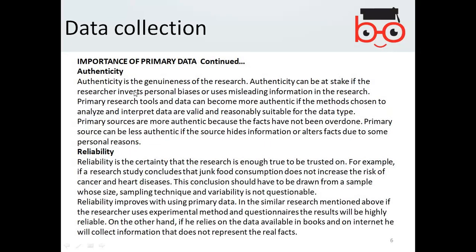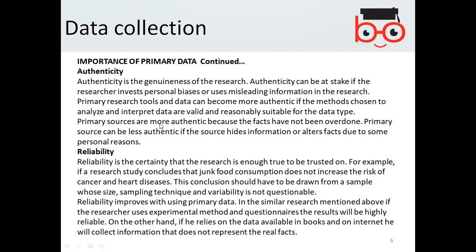Authenticity is the genuineness of the research. Authenticity can be at stake if the researcher invests personal biases or uses misleading information in the research. Obviously, it depends on the researcher how he presents his beliefs. The primary research tools and data can become more authentic if the methods chosen to analyze and interpret data are valid and reasonably suitable for the data type.